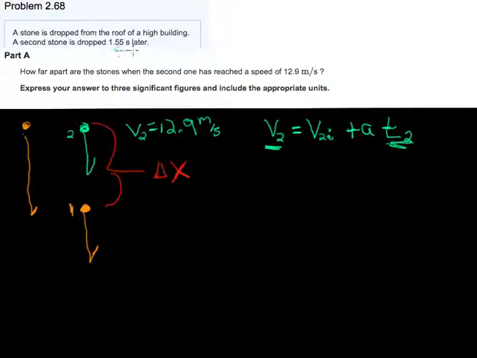And notice that there is a time difference here also of delta t. Delta t. Alright, so 1.55 seconds, there we go.